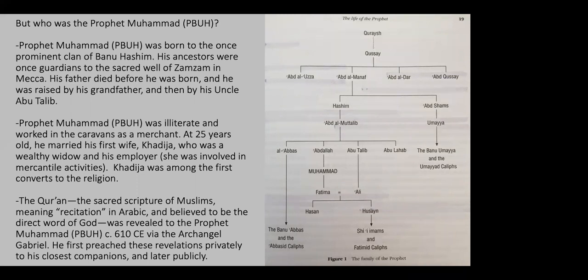He did not receive his first revelations, as revealed to him by the Archangel Gabriel, until he was about 40 years old. Initially, he told his wife, Khadija, a wealthy widow, and later he told his closest companions of his revelations. But soon thereafter, he shared his whole story and his revelations as revealed to him by God, the Quran, effectively, publicly.